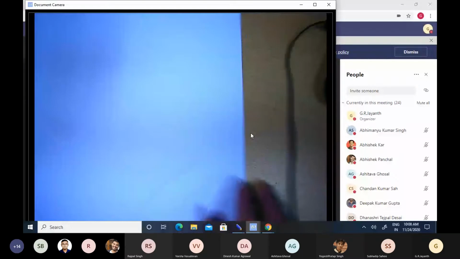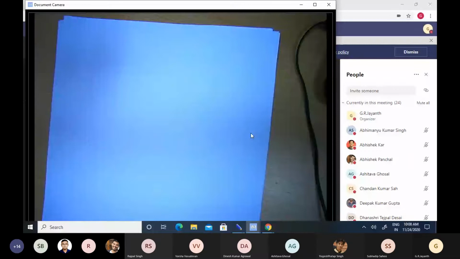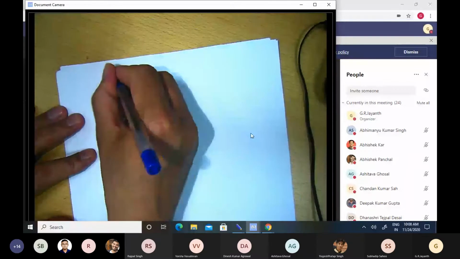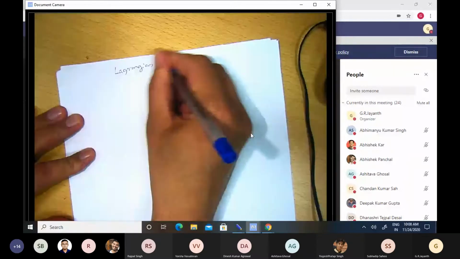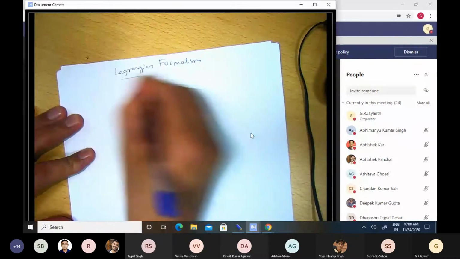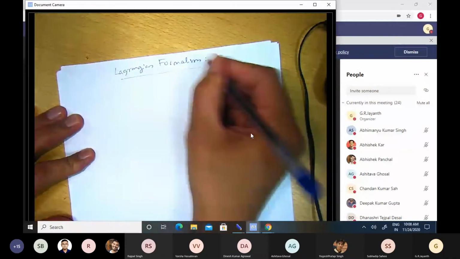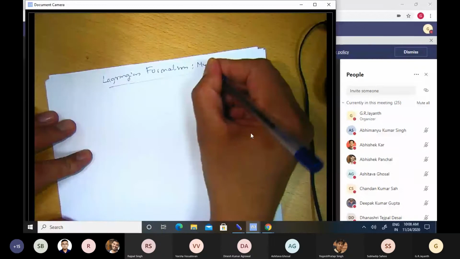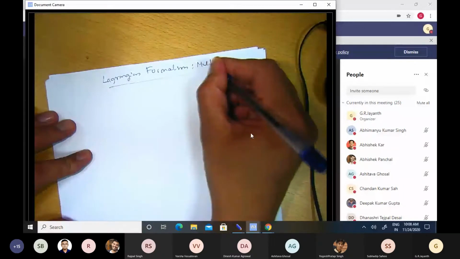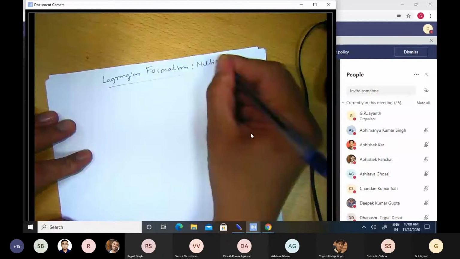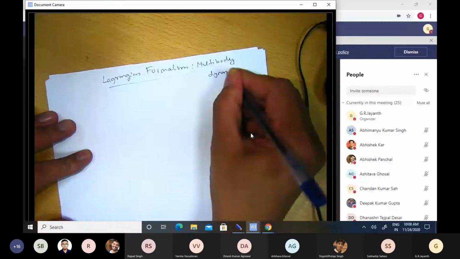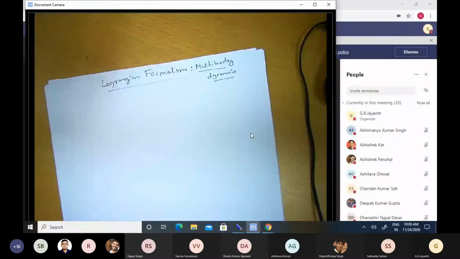So we will continue our discussion on Lagrangian formalism. And today we would focus on multi-body dynamics. This was actually the motivation for us to get started with Lagrangian formalism.